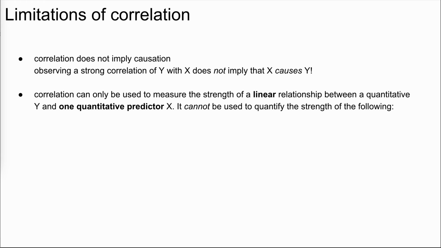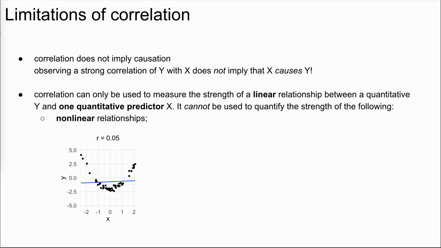It cannot, for example, be used to quantify the strength of a nonlinear relationship. For example, recall the pair of variables here. They had a very strong quadratic relationship, but since that relationship is not linear, it had a very weak correlation of only 0.05.